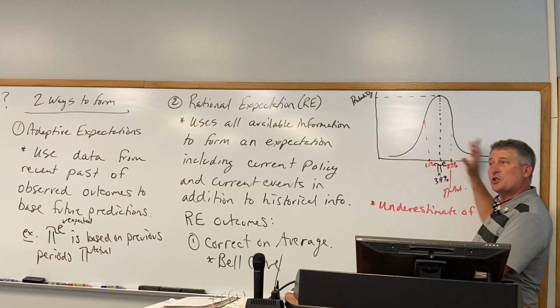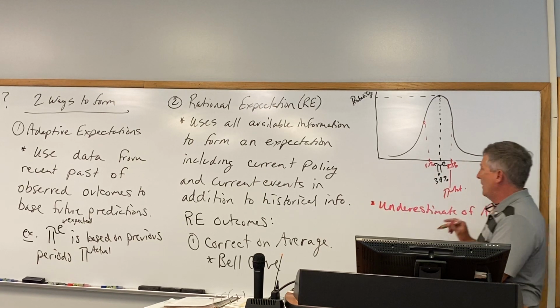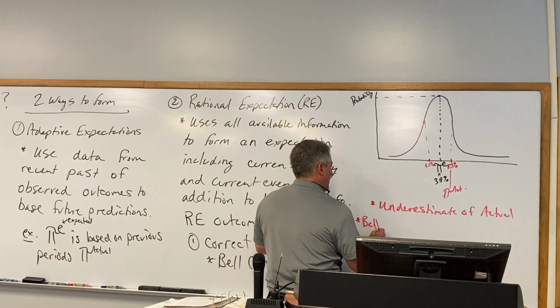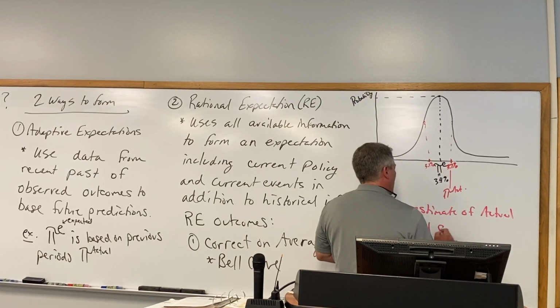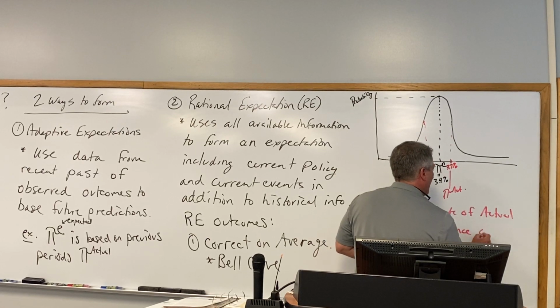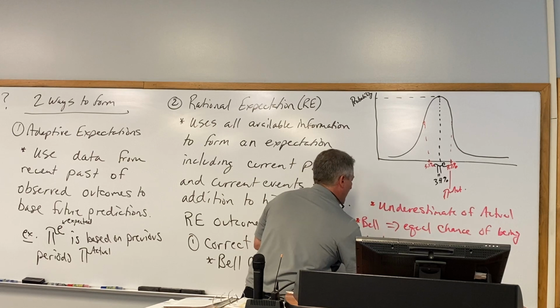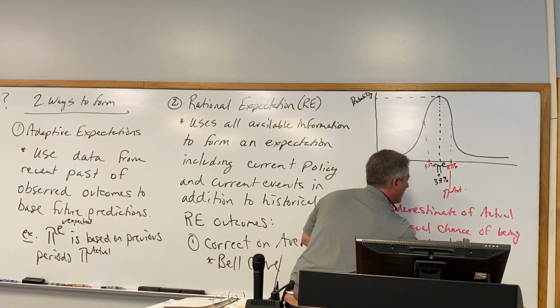So the bell implies equal chance of being too high or too low.